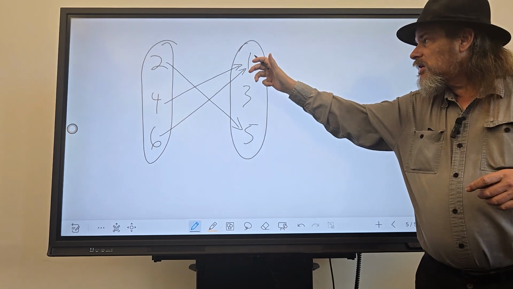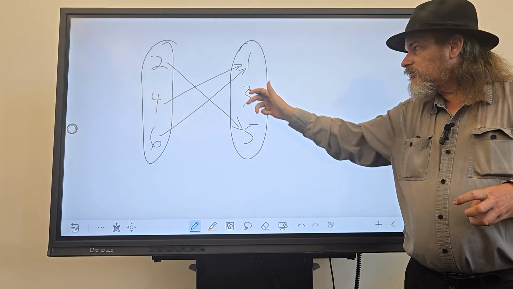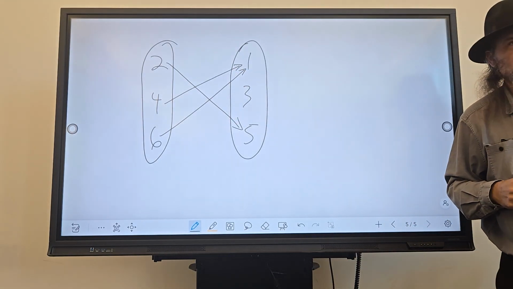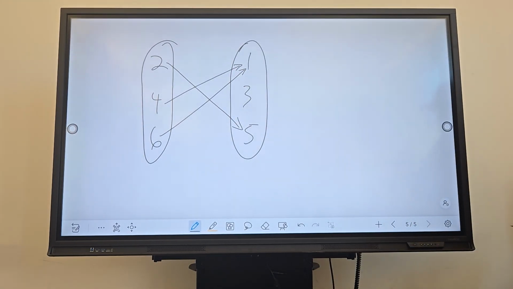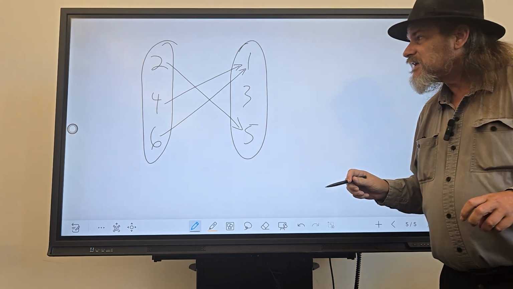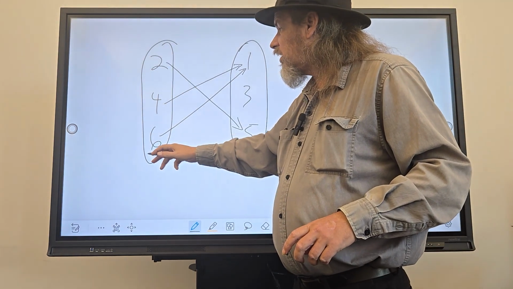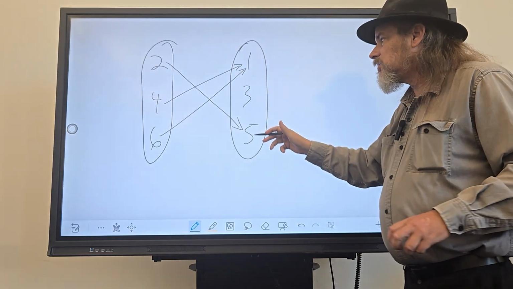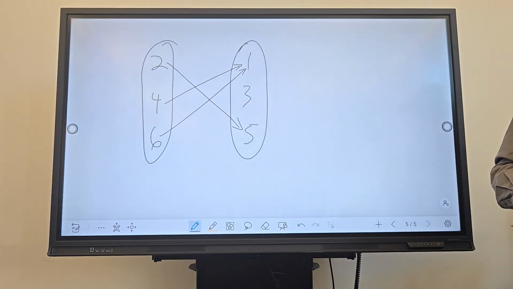You notice not all elements of the codomain are referenced by the domain. That's okay. What's important is that all of the elements of the domain are related to some element in the codomain, but just one element.